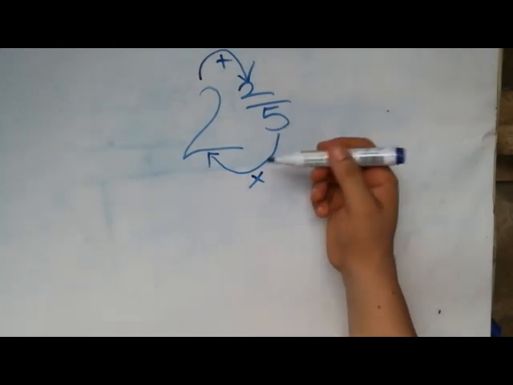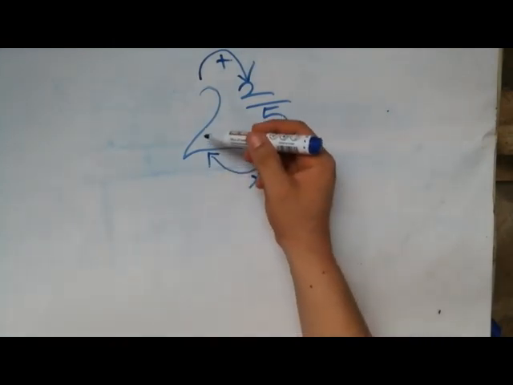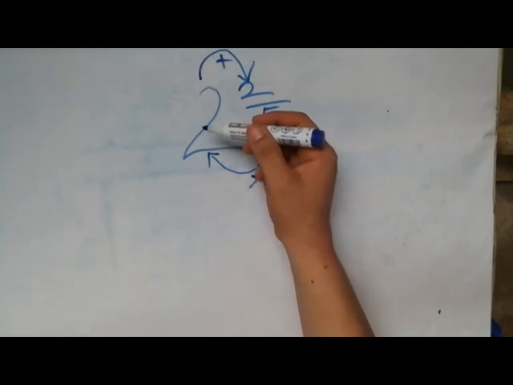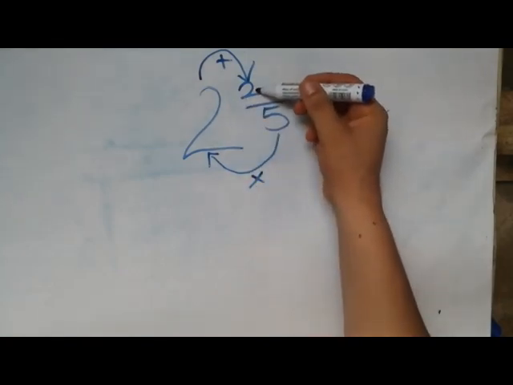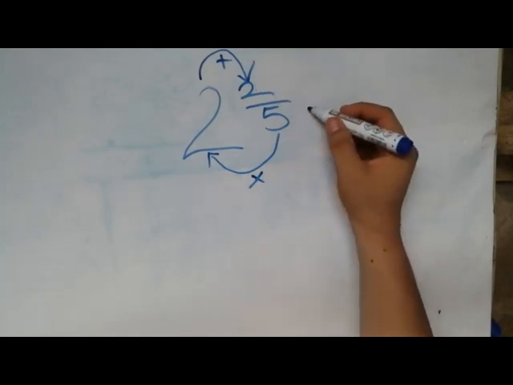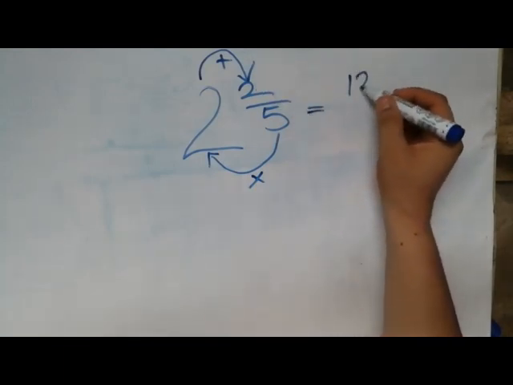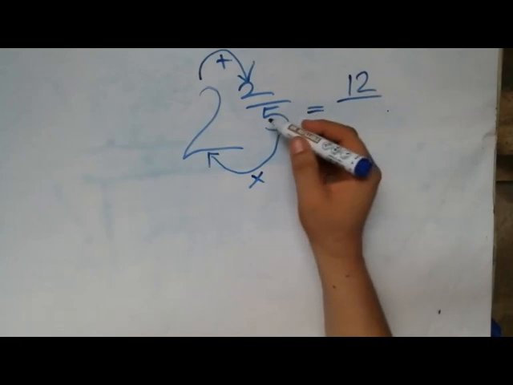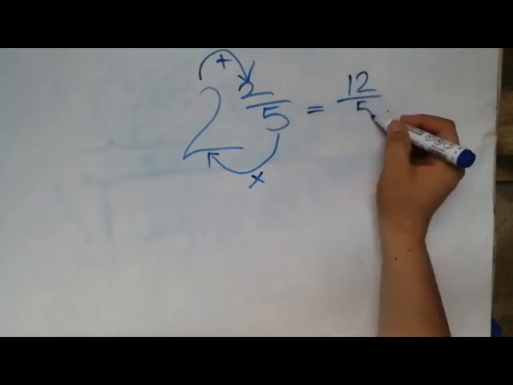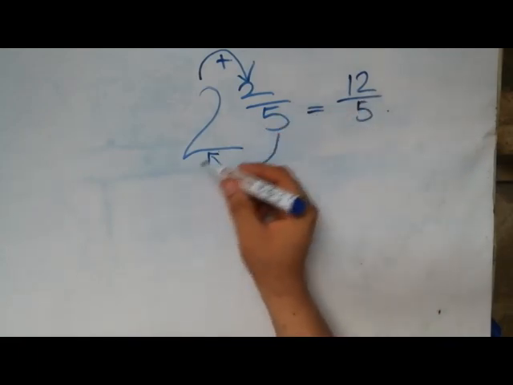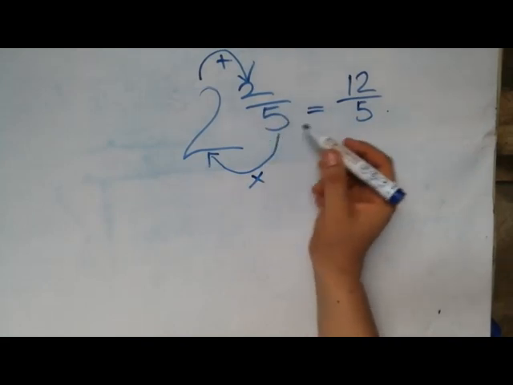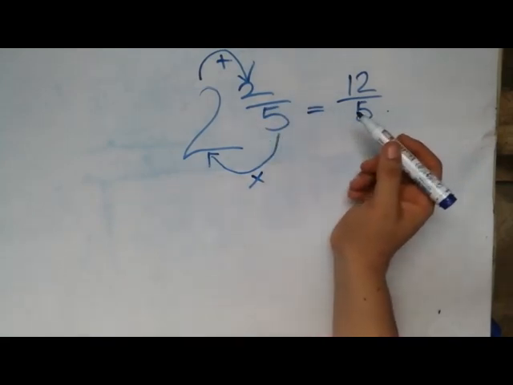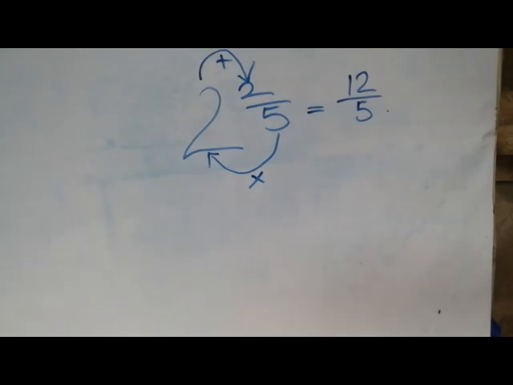So if we do it with this, we'll have 5 times 2 will give us 10. 10 plus this 2 will give us 12. So you have 12 as your new numerator. The denominator remains 5. So 2 whole number 2 over 5 converted to improper fraction will give us 12 over 5.